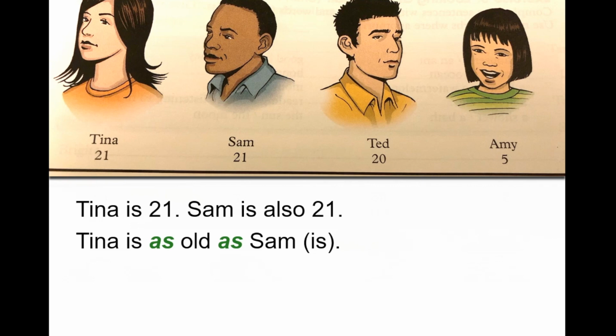Because they are the same in terms of age, the meaning is the same if we switch the order. So you could also say Sam is as old as Tina. Besides, you could put the modifier just. Tina is just as old as Sam to mean exactly the same.